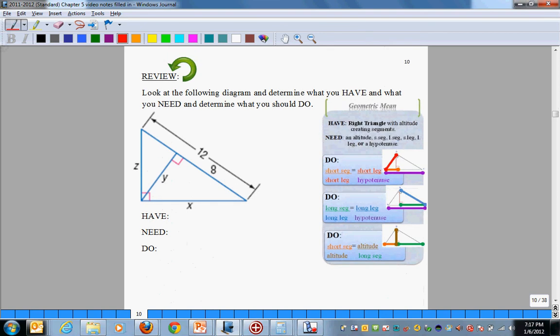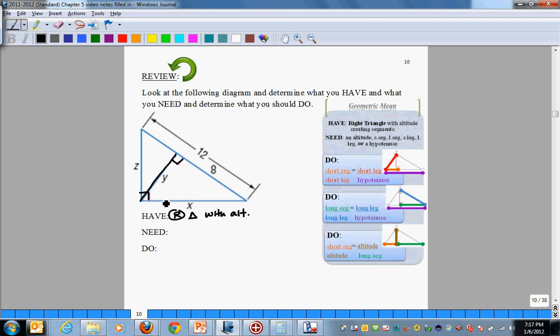Let's first review the previous lesson. In the previous lesson, let's look at what we have and need and what we should do. We have a right triangle with an altitude.